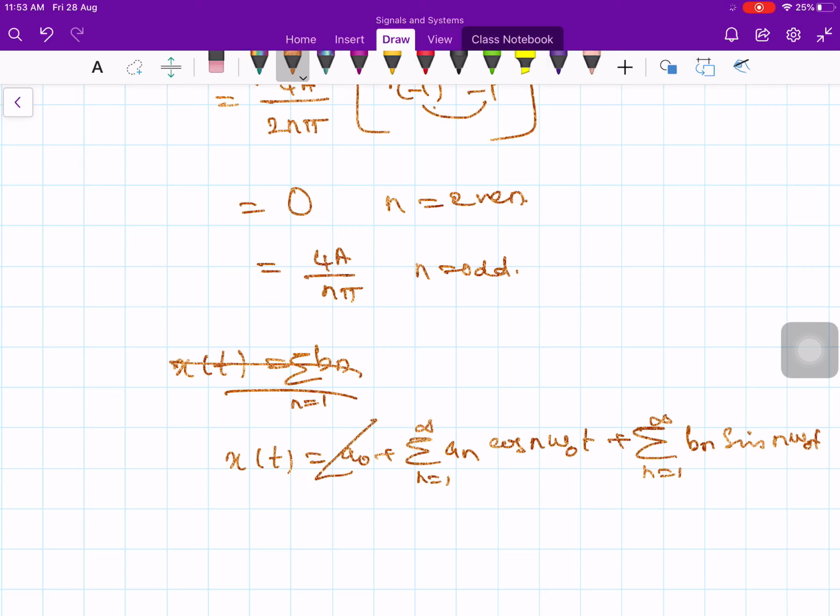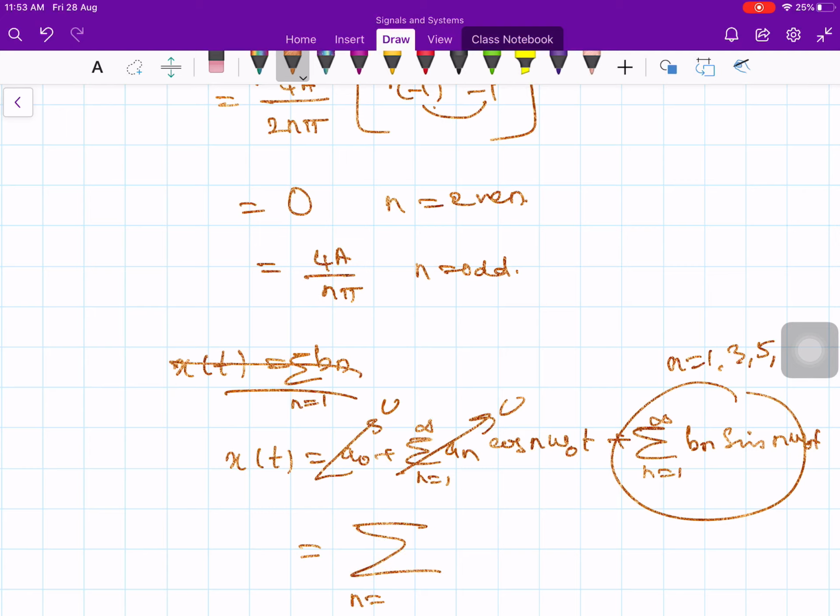But this term is 0 and this term is also 0, and in this term n takes only the values 1, 3 and 5 and so on. Therefore this is a summation over n equals 1, 3, 5, 7 and so on. Then bn is 4a over n pi times sine of n omega naught t.